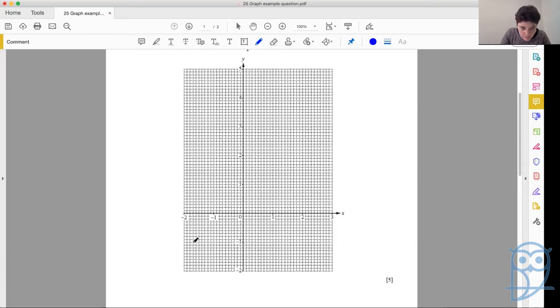So there's our 1, 0.1, 0.2, 0.3, 0.4, 0.5, 0.6, 0.7. Now 0.75 would be there. You could also have gone backwards from 2: minus 2, minus 1.9, minus 1.8, minus 1.75. It's about finding where you're comfortable.